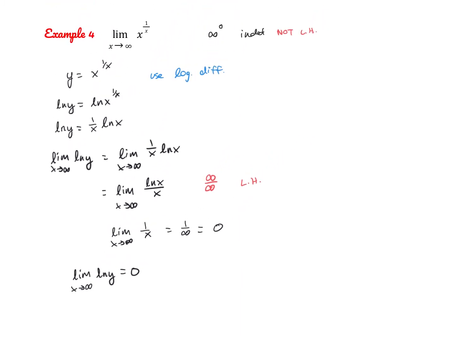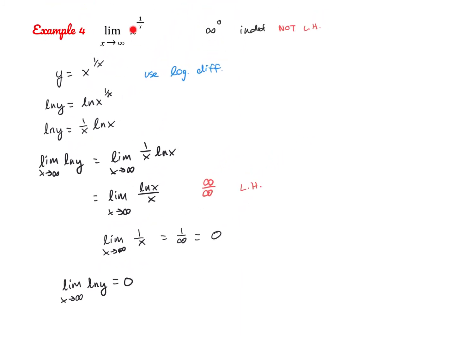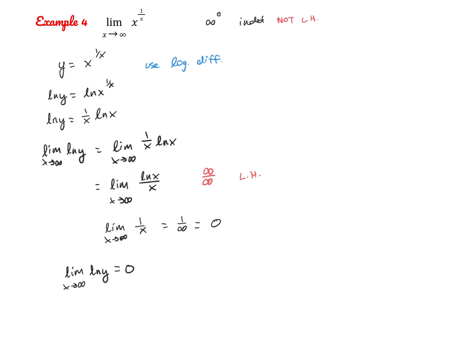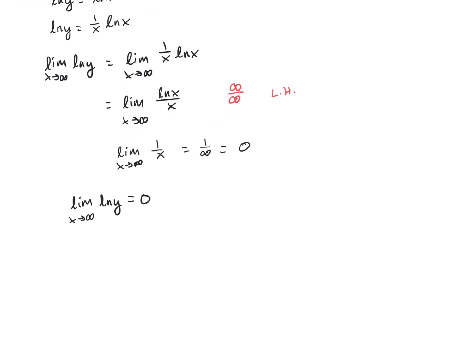But we want to know, well, what's the limit of this function, which was just equal to y, not the natural log of y. So if we go back down here, we're essentially saying as x approaches infinity, the natural log of y approaches 0. But what would just y approach? So if we want to get rid of that natural log of y, we could try doing this on both sides.